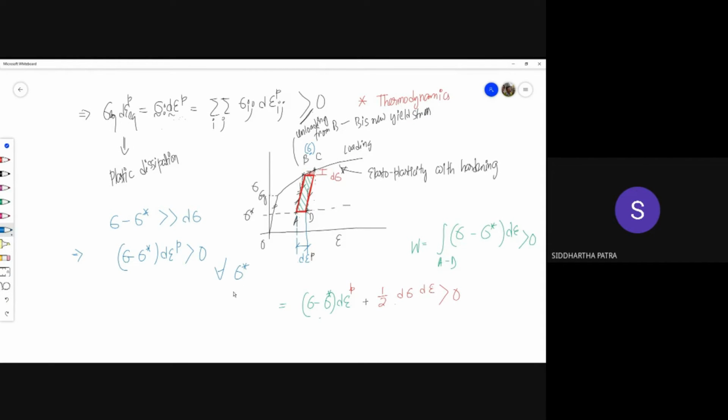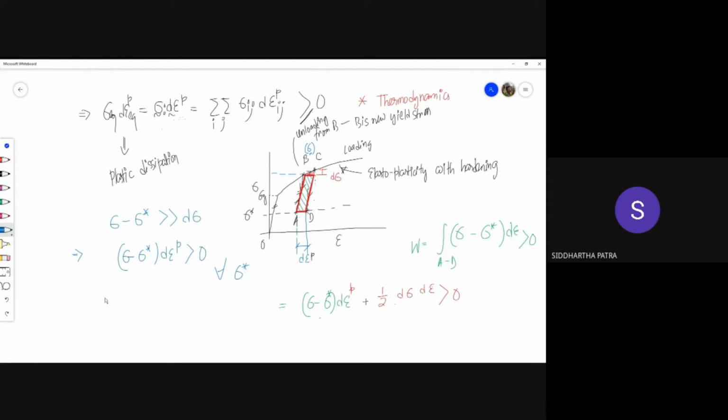Now what do I mean by sigma star? Sigma is the stress of the point from which you started unloading, and sigma star is that arbitrary stress below the current yield stress, where you are unloading. So sigma star is pretty much arbitrary, and therefore this relation must be true for any arbitrary sigma star.